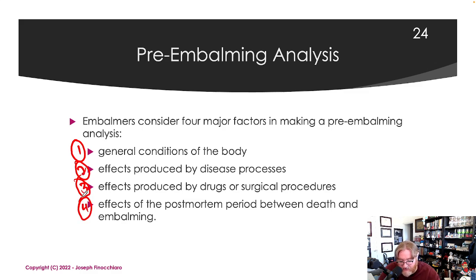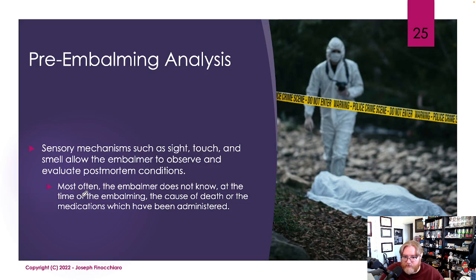And finally, what are the effects between death and the embalming? We have to make educated guesses. Now, the good news is this is not a magic 8-ball. What do I do here? This is something that over time you will simply get better at, and you will have the skill and experience to address all the issues.